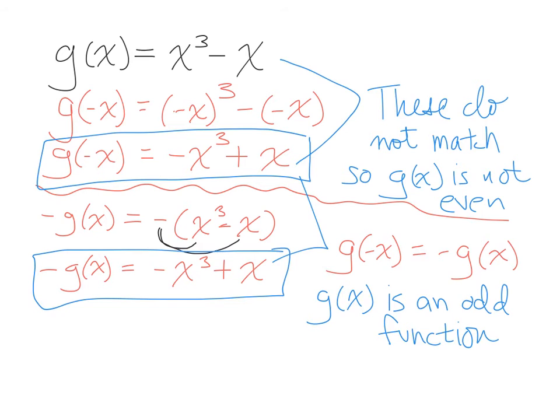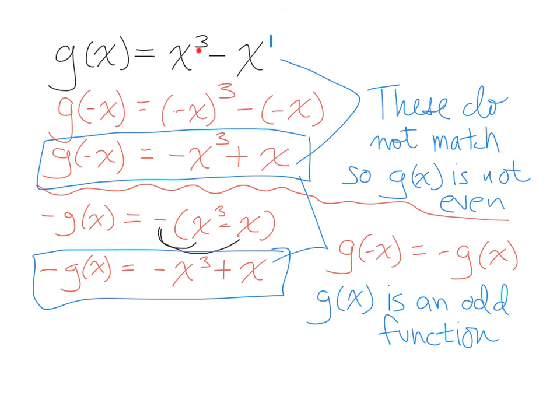Similarly to the even function in part A, if you look at the exponents of g of x, we have x to the third power, and that number is odd. And over here we have an x to the first power. It's not written usually, but I'll put it in here for illustrative purposes.